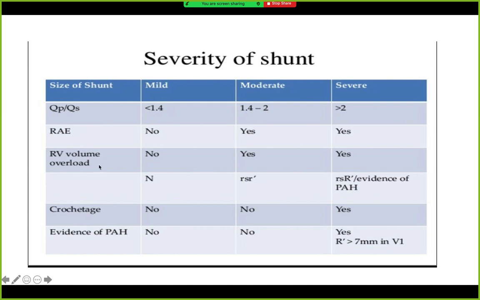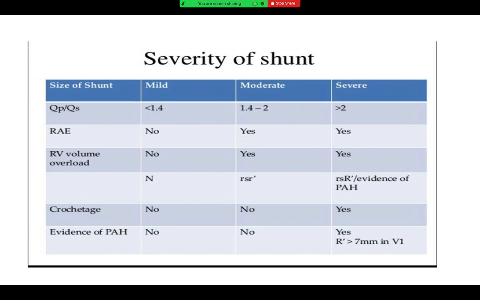Similarly, for the RV volume overload, again it can be moderate or severe, isn't it? And then similarly the crochetage sign, as I had said, will be more of a severe sign. And isn't that the reason as well I had said it?